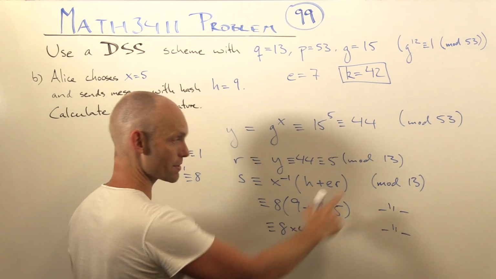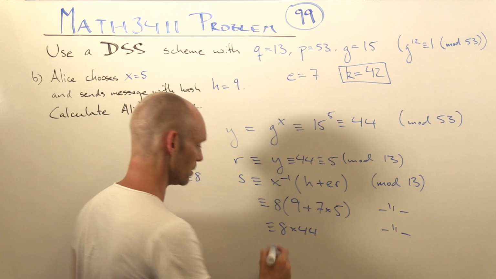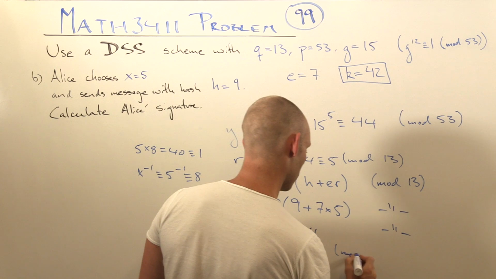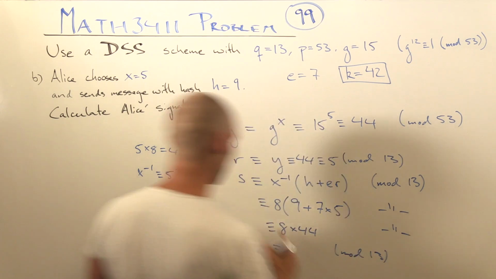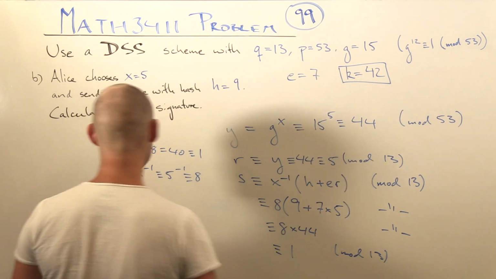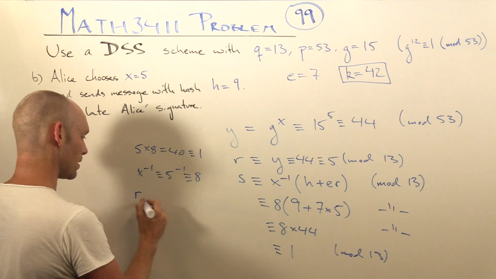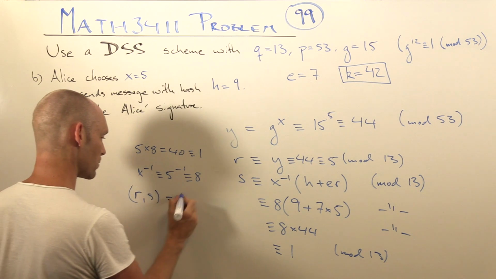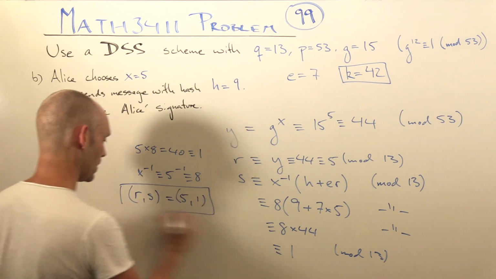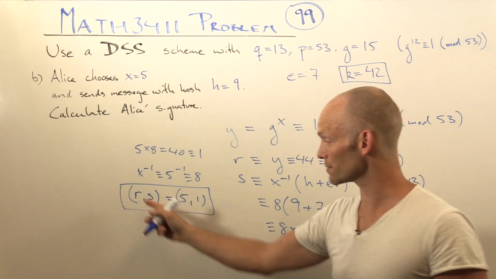And 44 mod 13 is 5, so we have 8 times 5 is 40, which in turn is just 1 mod 13 again. So apparently S is 1, and our digital signature is just the pair R and S, or in other words 5 and 1, and that is the answer. So this pair is the signature.